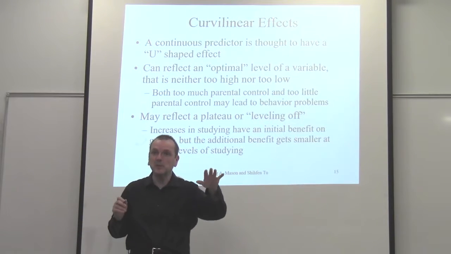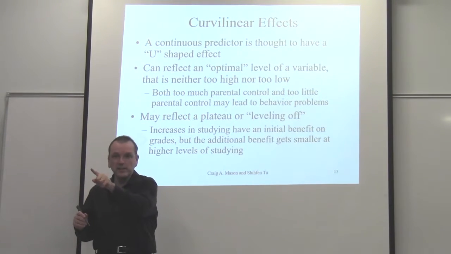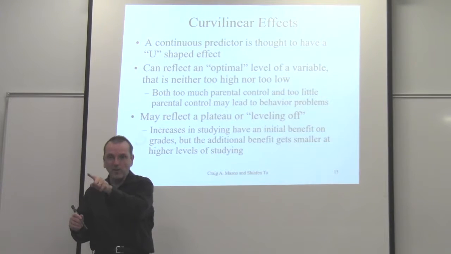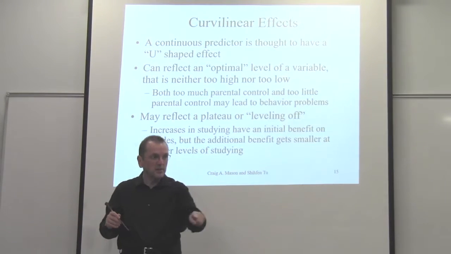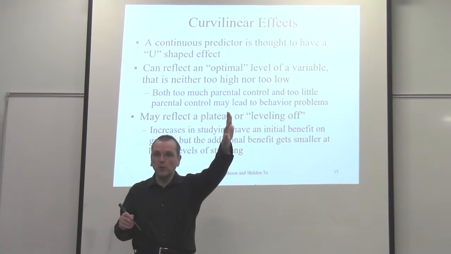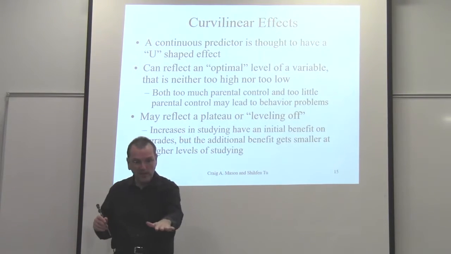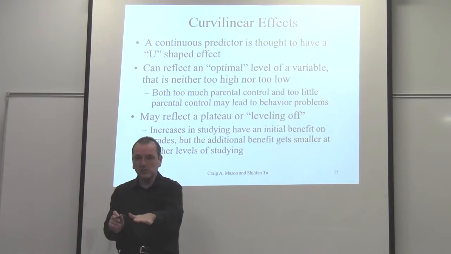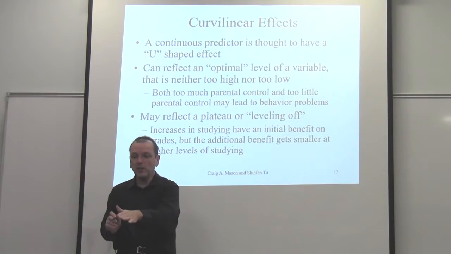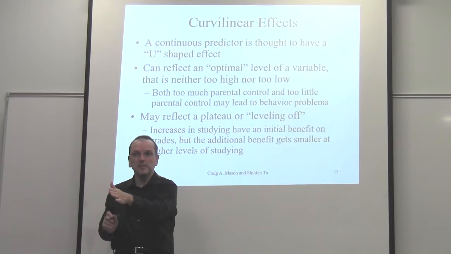Sure enough, they found it was U-shaped. High levels of drug use had all sorts of negative outcomes on kids, and it came down, plateaued at just a little bit of drug use, and then the curve kicked up again.